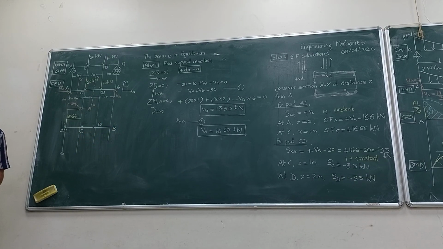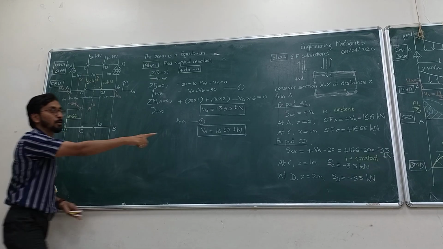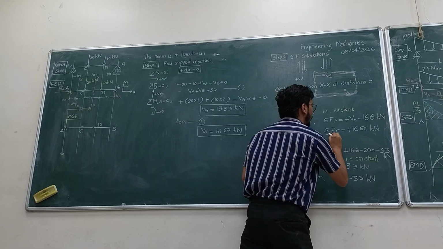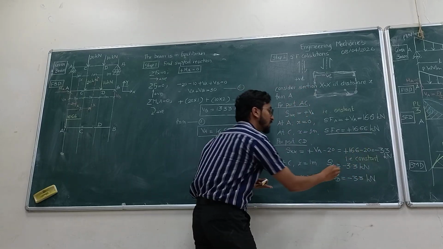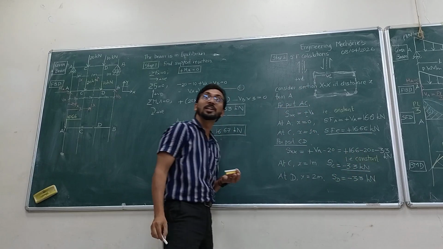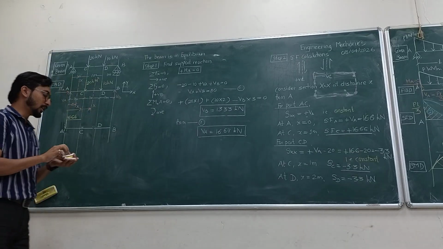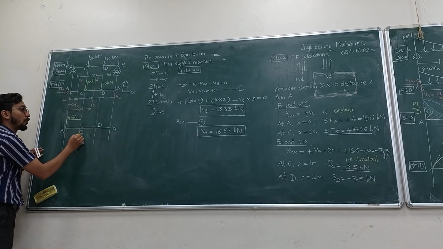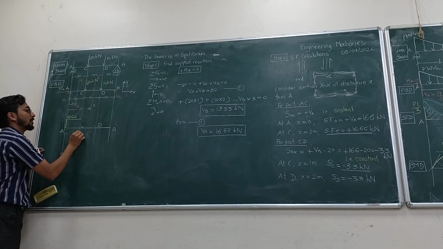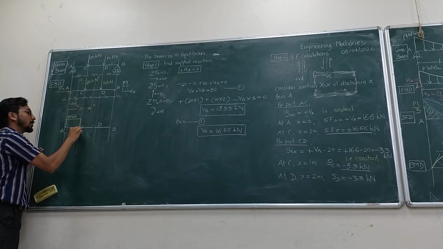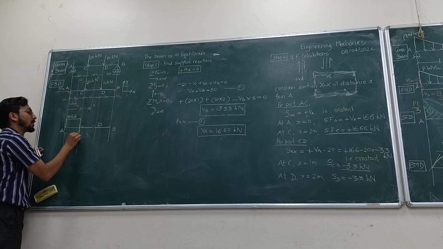Now shear force at C has got two values. First value was 16.66. Yes or no? See, this one, and the next value is minus 3.33. So shear force at C is minus 3.33. This is 3.33.